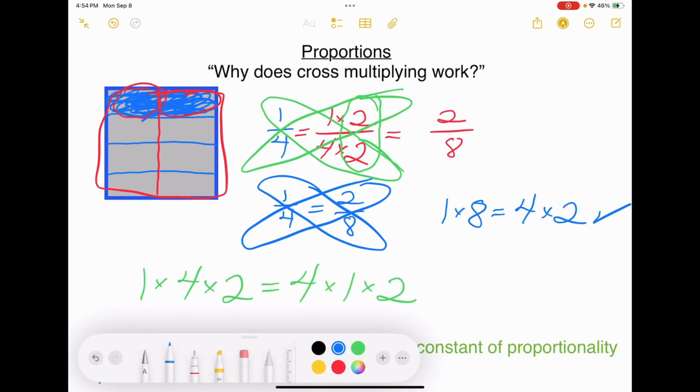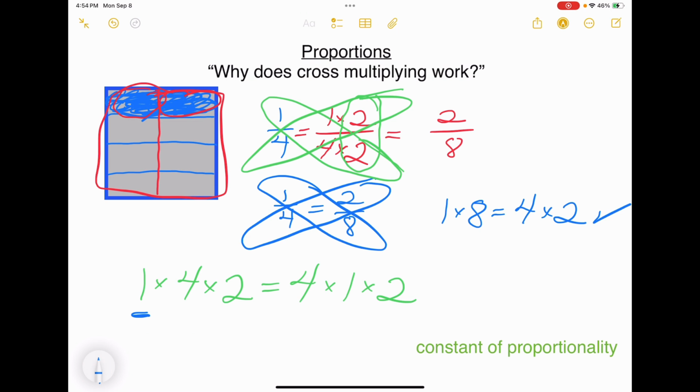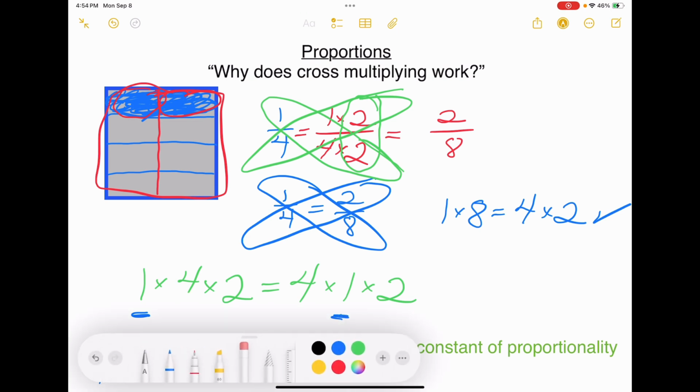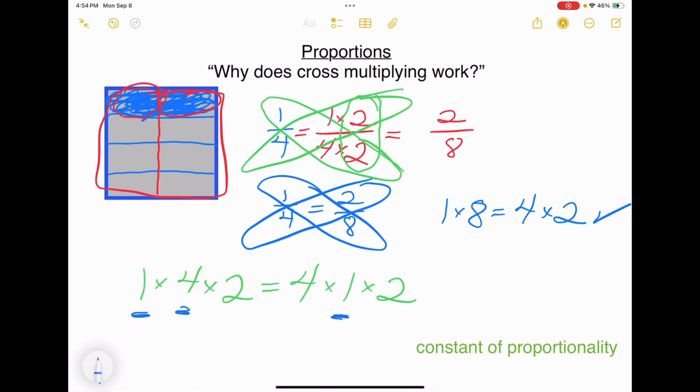In each of these, there's a 1, and there is a 4, and because we have a nice constant of proportionality that is the same for numerator and denominator, there's also a 2, like the same number on both sides of our equation. So 1 times 4 times 2 does equal 4 times 1 times 2.